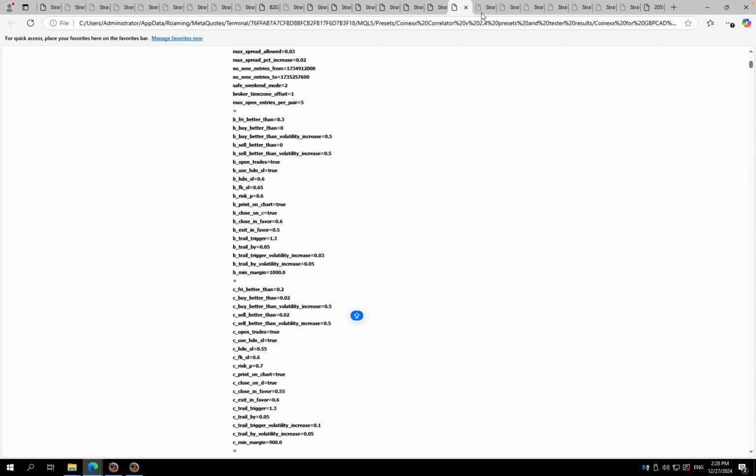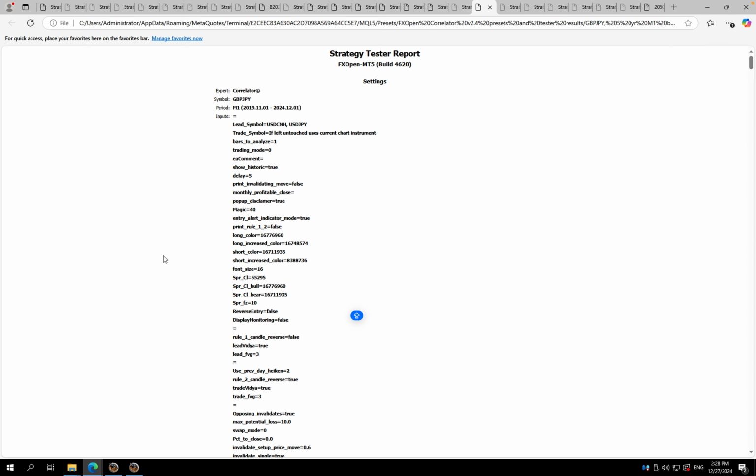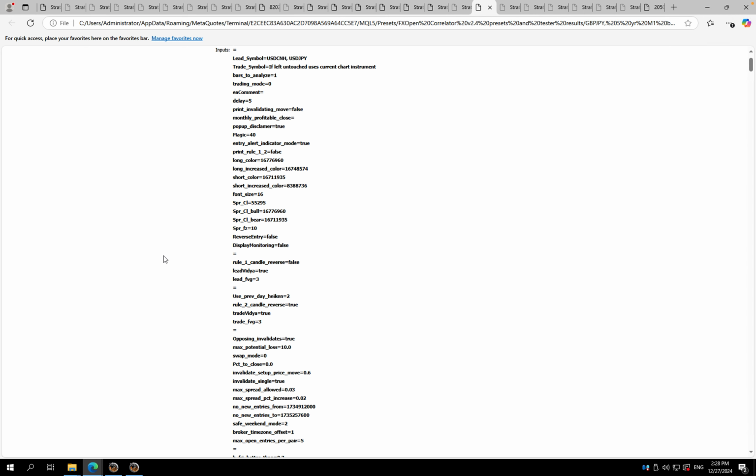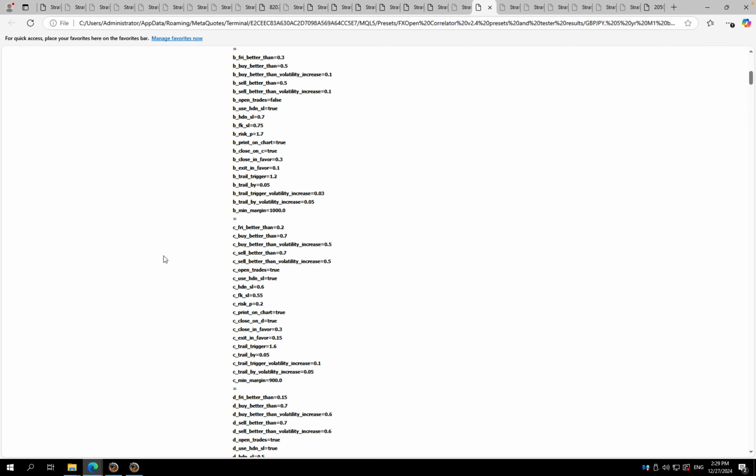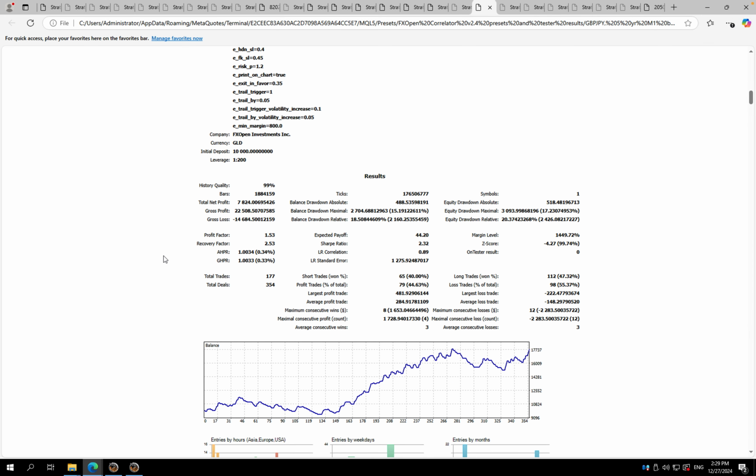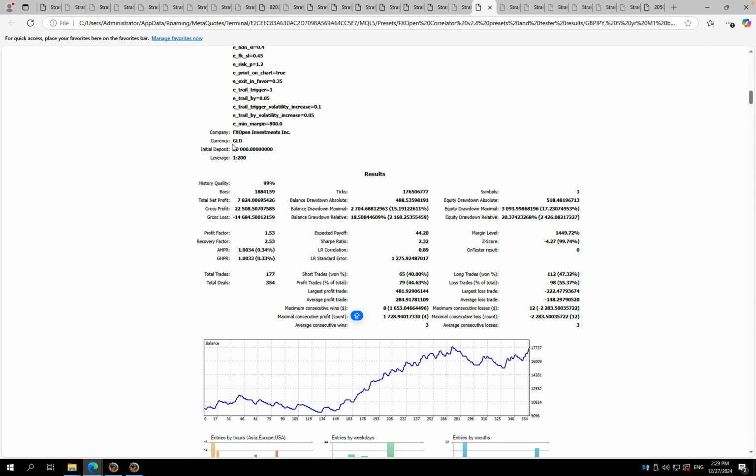Okay, next one. GBP JPY for 5-year period with a deposit of 10,000 in gold equates to a net profit of 7,824. So that's a good result.